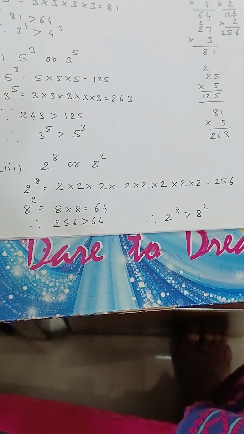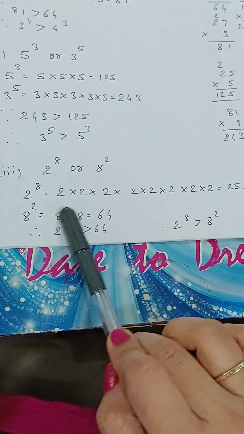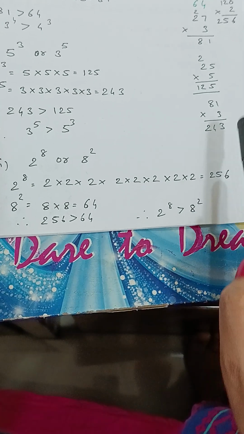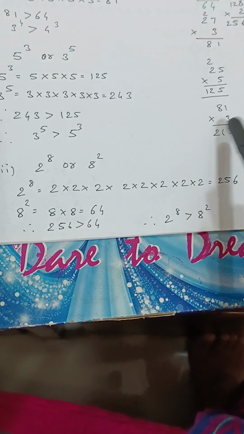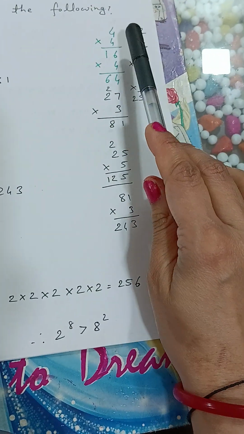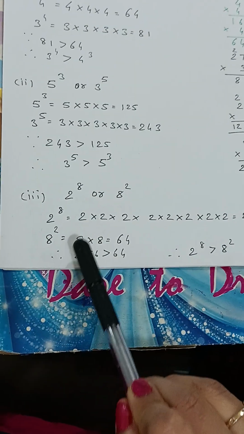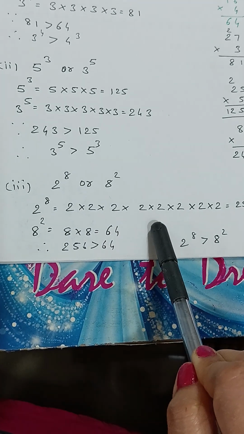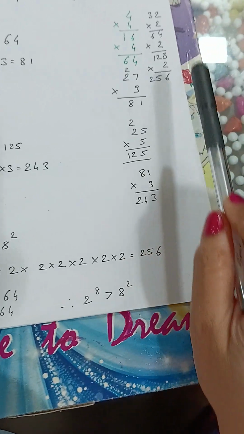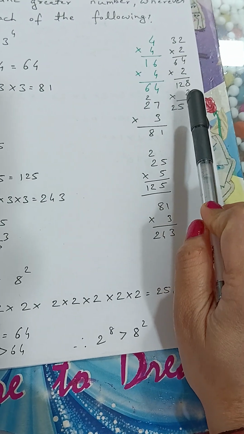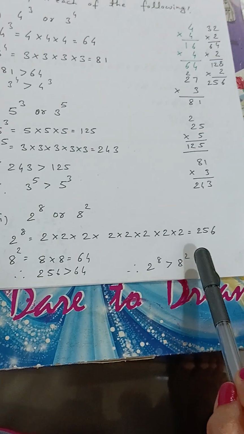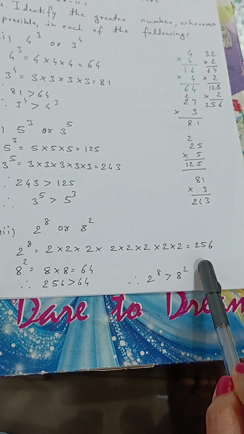If you multiply 2 eight times on the rough paper, you will get the answer 256. See, I have done the multiplication here. 2 2s are 4, 4 2s are 8, 8 2s are 16, 16 2s are 32, 32 2s are 64, 64 2s are 128 and 128 2s are 256. So you will get the answer 256.